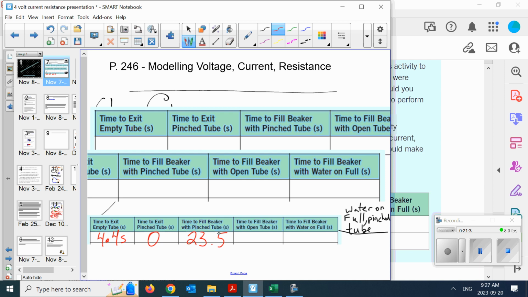You were right. 22.7. Would you say within the error of your thumb starting and stopping, this is the same?